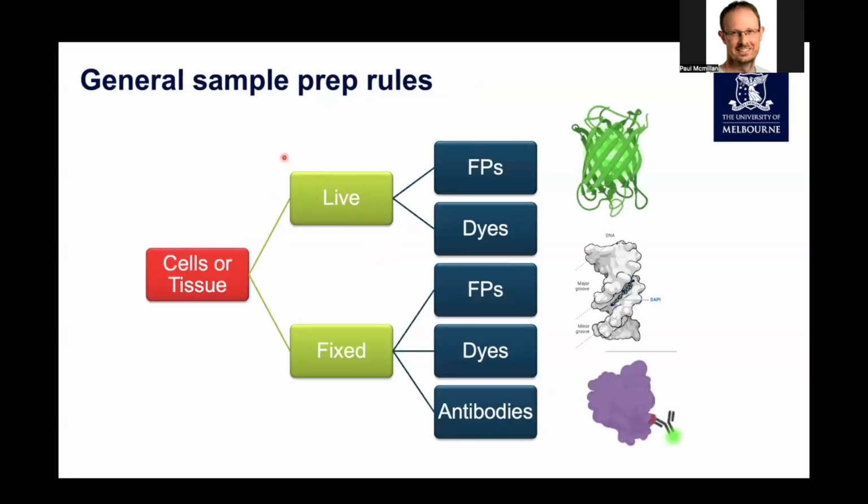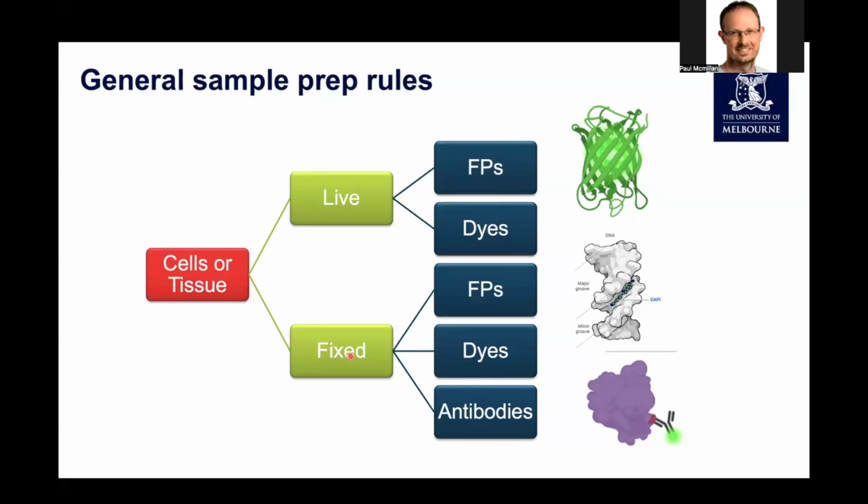All right, next thing we're going to go through again are some specific guidelines around live versus fixed. What are the types of things that we need to think about? So if we've got our cells or tissue and we want to image them live, then that's probably going to limit the way we can stain our samples to either fluorescent proteins or things like cell permeable dyes.